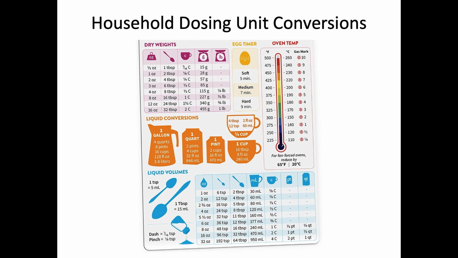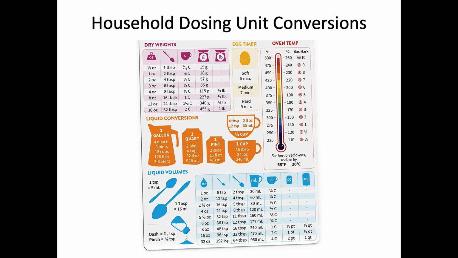The next subject to discuss is using conversion factors to go from household dosing units to metric units. I like this little image because it shows a lot of the different types of household measurements that you might need to convert from. For example, in dry weights, there are ounces that are given, so ounces need to be converted to grams.